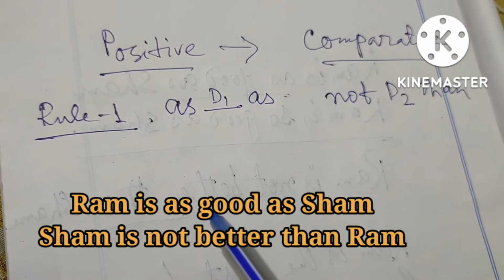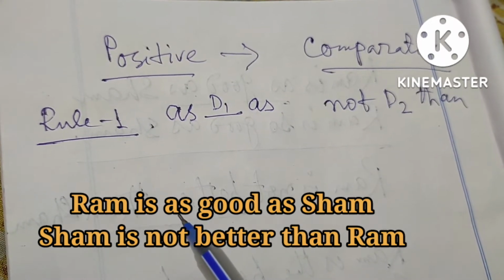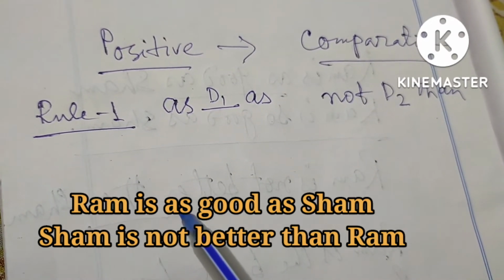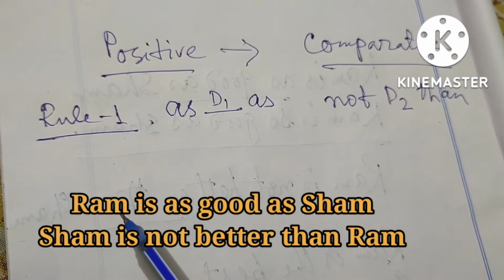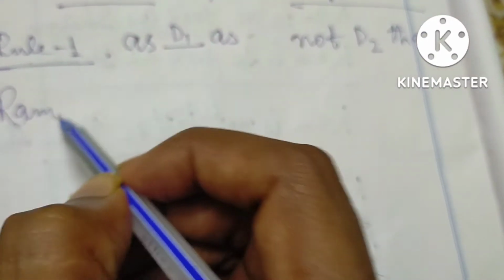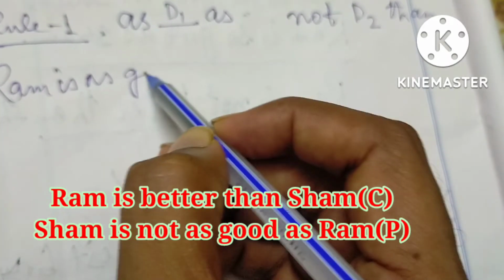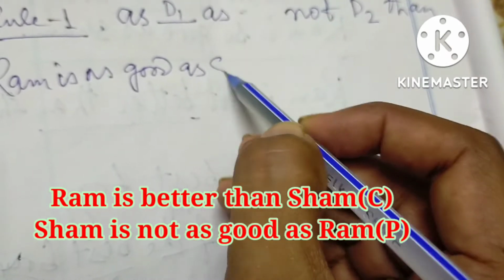Just take an example: Ram is as good as Sam.